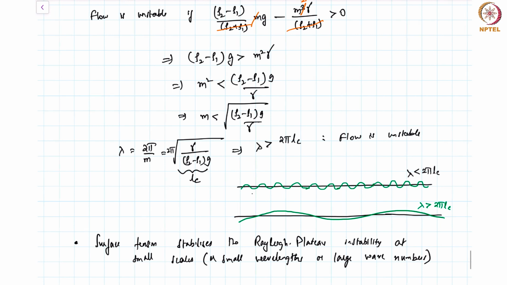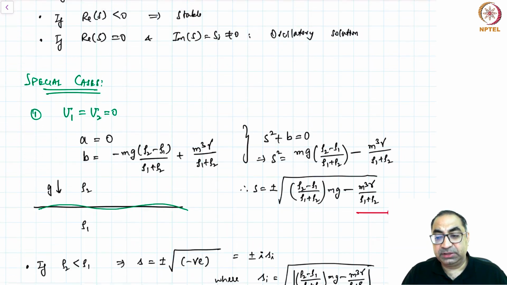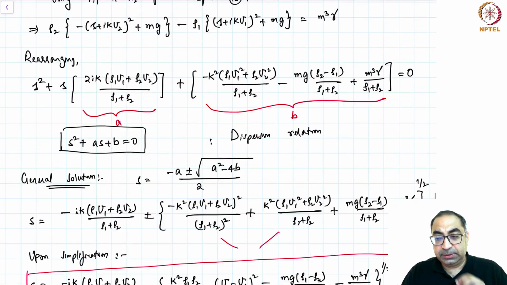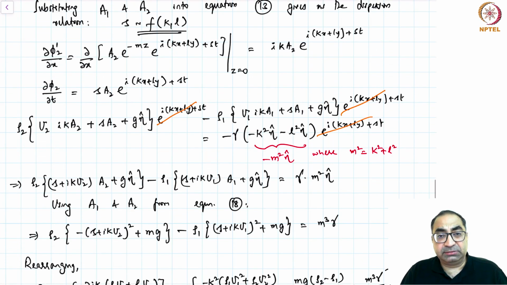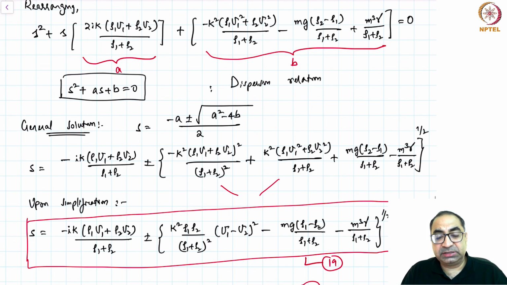So let me quickly recap what we have done in today's lecture. We completed the analysis of the dispersion relation. We derived a general dispersion relation by finally using the normal stress balance. After deriving the general dispersion relation, it turns out to be a simple quadratic equation, and for a simple quadratic equation, exact solutions can be found.